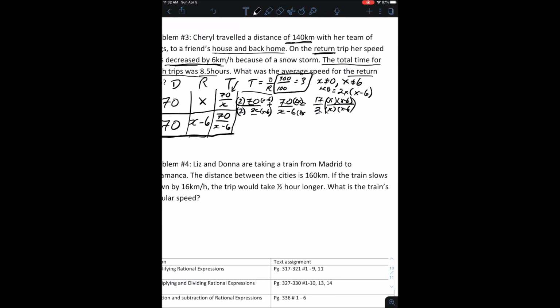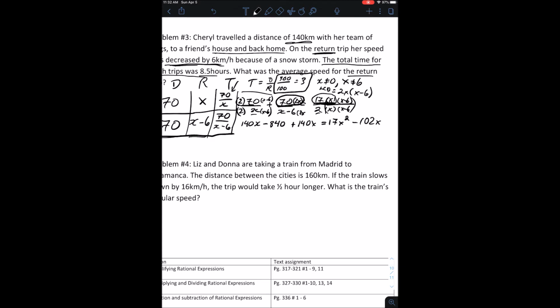So 2 times 70 is 140, times x is 140x, minus 6 times that 140, well, that's 840, plus 140x, that's this, okay? On the other side equals 17x times x, which is 17x squared. And then 17x times the minus 6 is minus 102x.